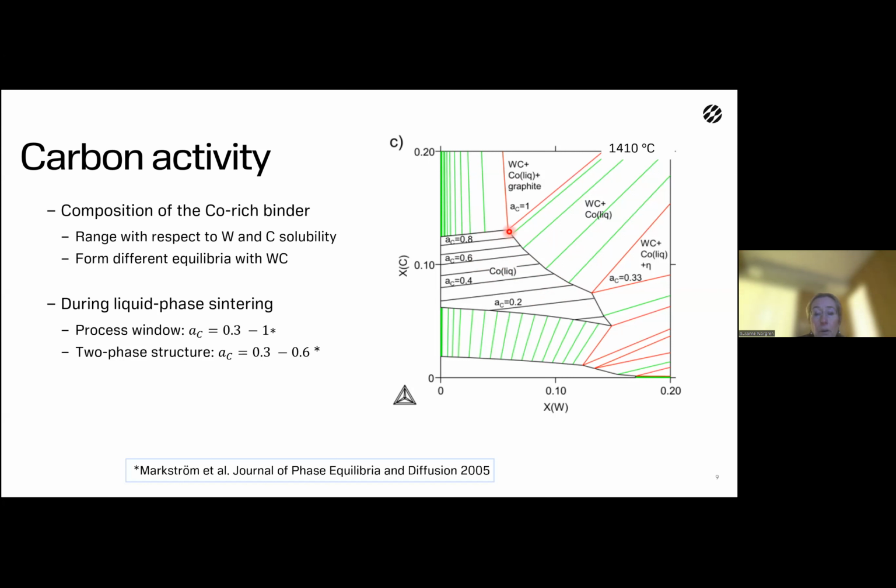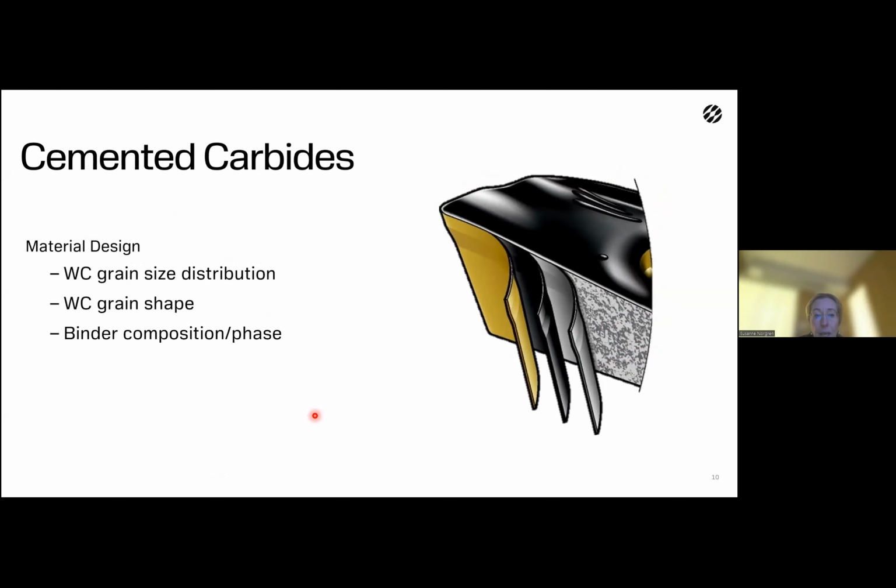Depending on if you are at this point or at this point, it will actually affect the final grain shape of your tungsten carbide crystal. And that is what we will speak about next, now focusing mainly on the tungsten carbide distribution, grain shape, and binder composition.